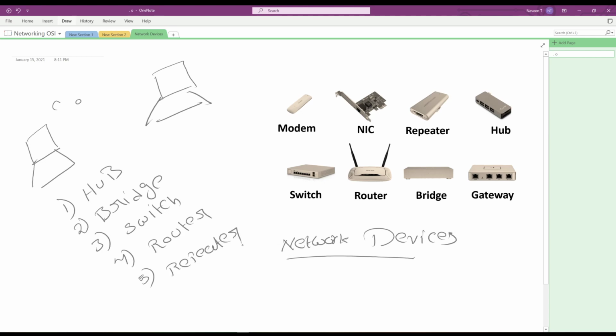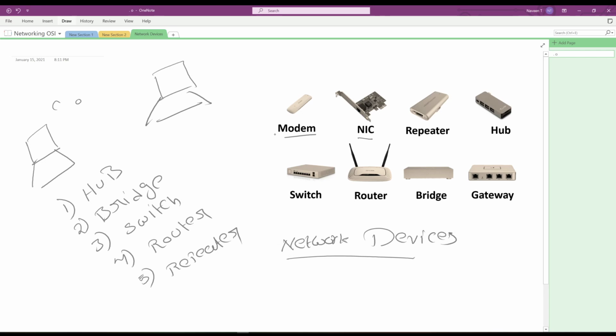Other devices are the modem, which we discussed, and the network interface controller, which NIC stands for. The NIC is integrated in a motherboard, or we use PCI slots to connect an external one, to extend port and IO capabilities.